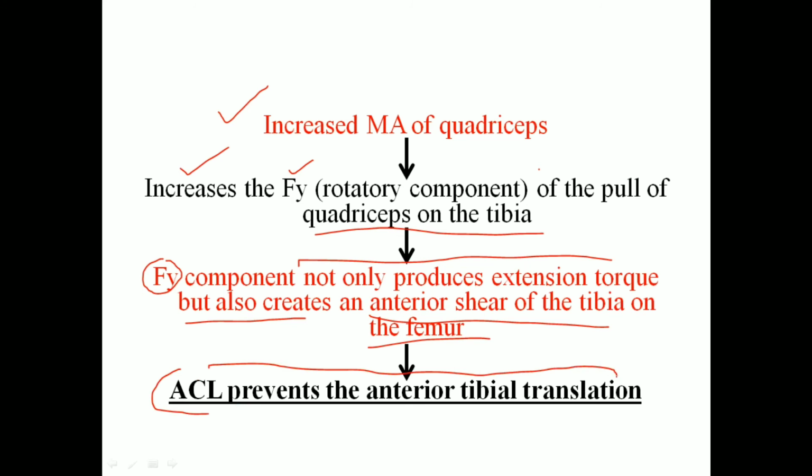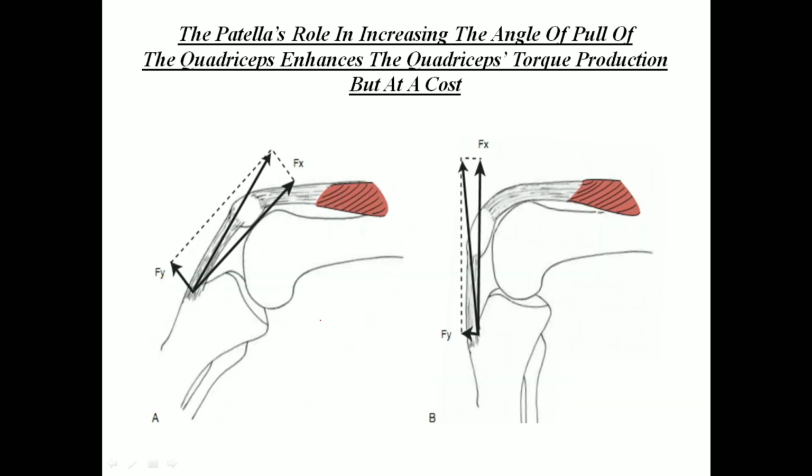Now let us discuss this with a diagram. In this image, during the extension movement, as we can see here, this upper one is our quadriceps muscle and this is our quadriceps tendon. Down below we have the patellar tendon. This is our patella bone.